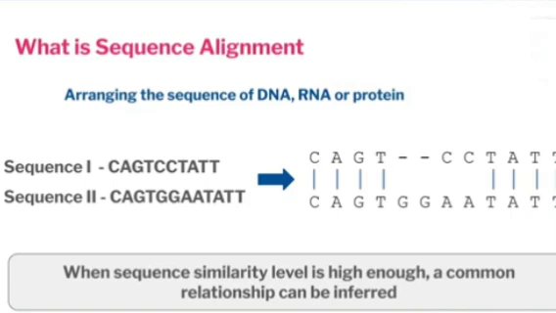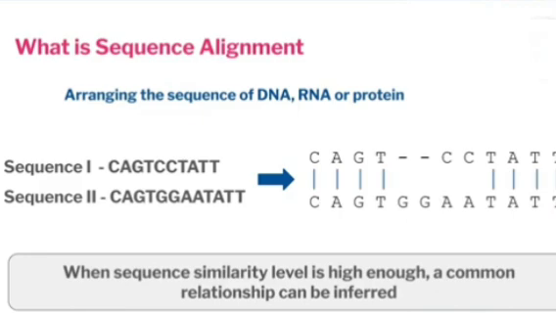Here is a short example of a DNA alignment. As you can see on the screen, during this process a number of gaps are introduced in the alignment. Why? Because no two sequences can be 100% identical.